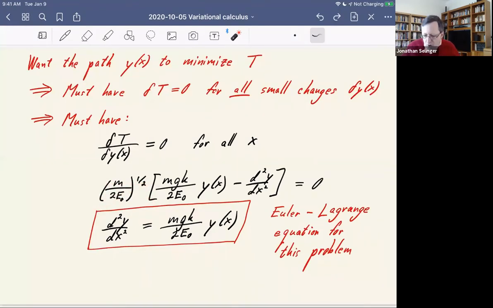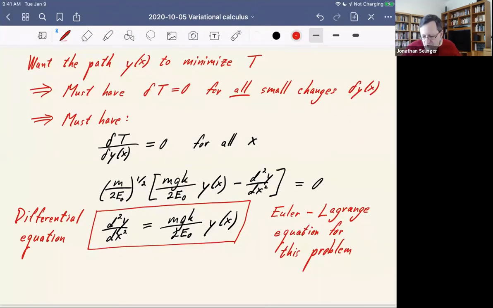And so we would say we need the second derivative of y with respect to x to be equal to this constant times y everywhere for all x, right? So this is a differential equation, right? And so now we have derived a differential equation which must be true everywhere, and that's a necessary condition to have a minimum.